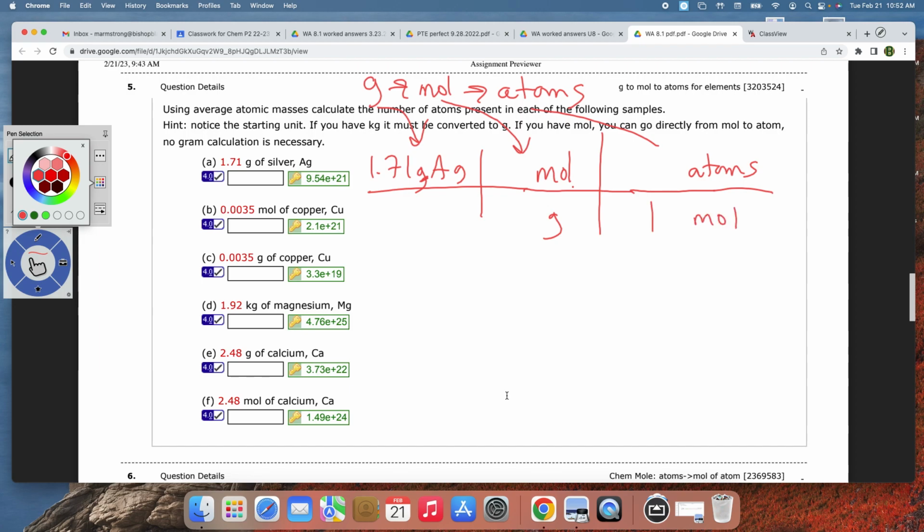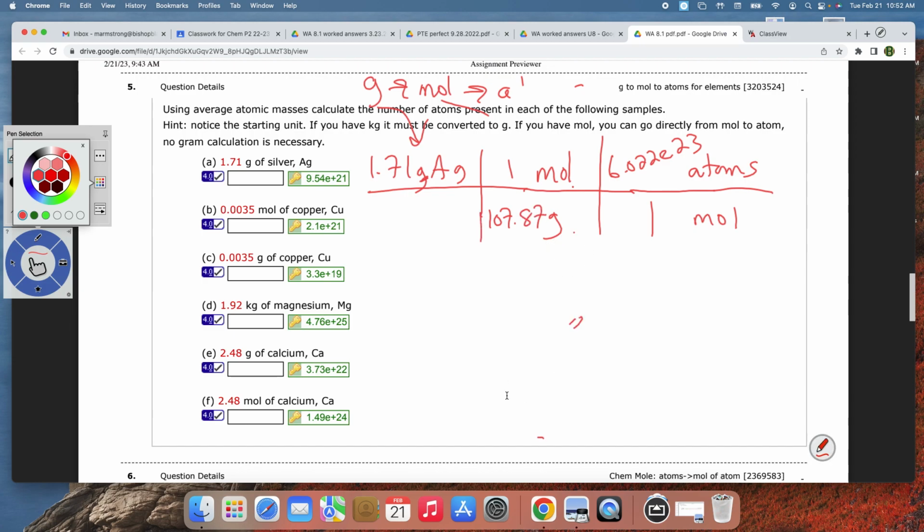And then you know the mole for everything we've done so far is 1. So you have a lot of the numbers already. The grams we have to get from the periodic table of elements. And the atoms is Avogadro's number. So the only one we have to look up is the mass of silver, and the mass of silver is 107.87 grams.